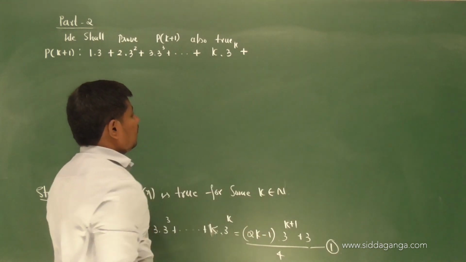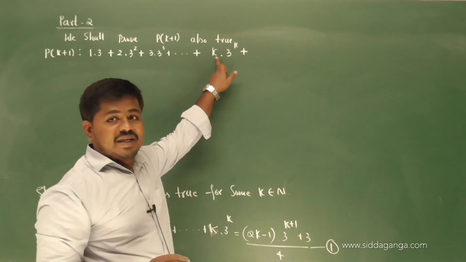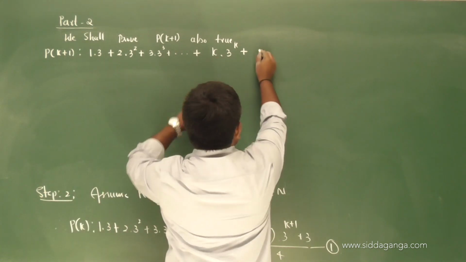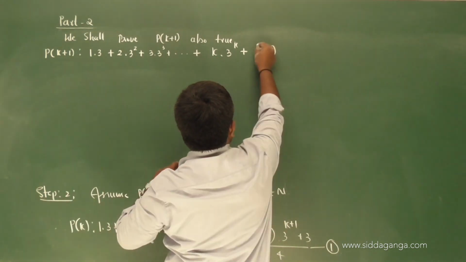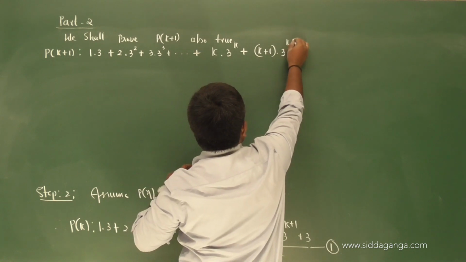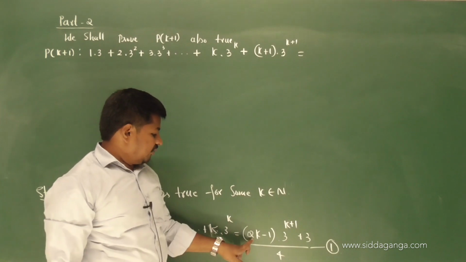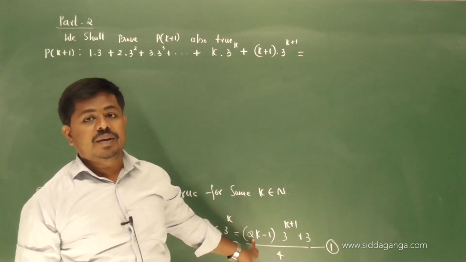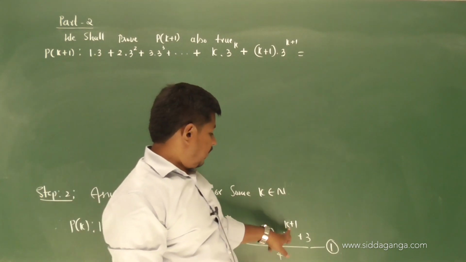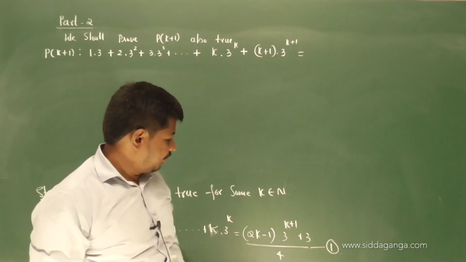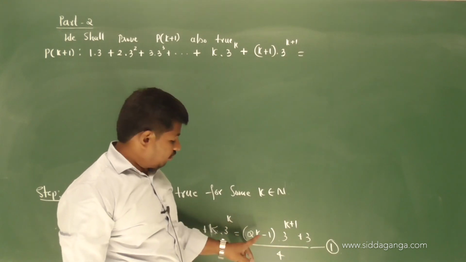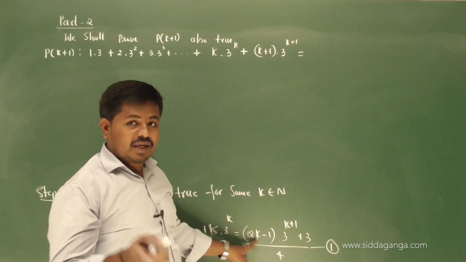K plus 1th term is wherever you have k, replace k by k plus 1. You mean k plus 1 into 3 power of k plus 1. That is equal to, answer should be what? See here we have 2k minus 1 into 3 power of k plus 1 plus 3 whole divided by 4, right? Wherever you have k, replace k by k plus 1.